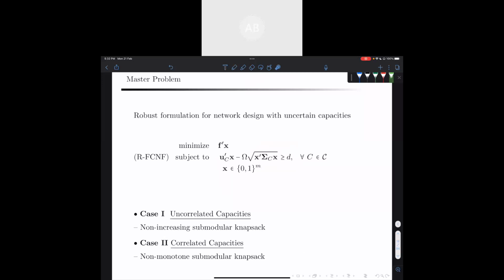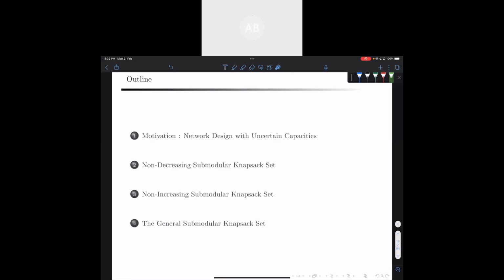We'll see if we can get to correlated capacities. But in the case of correlated capacities, it's a non-monotone submodular knapsack, so there is no monotonic argument that can be made. But in the case of uncorrelated or independent capacities, it is indeed a monotone submodular knapsack, and we'll look at what the interesting things about that are, right?